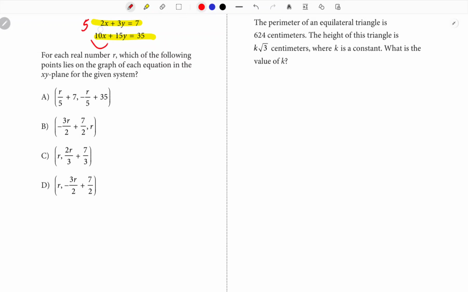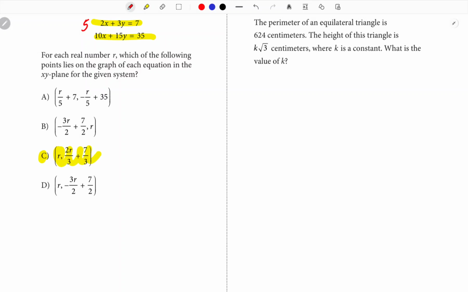Yes, 5 times 2 is 10x, 5 times 3 is 15y, and 5 times 7 is 35. And you can see that you write one solution here. That's why you can check all of the answers in this equation, 2 equations. So I only check answer C here.